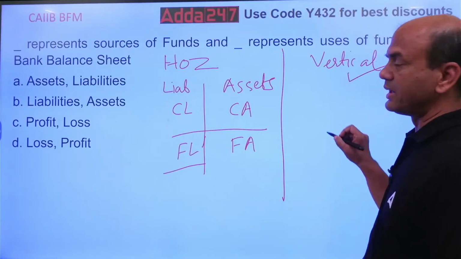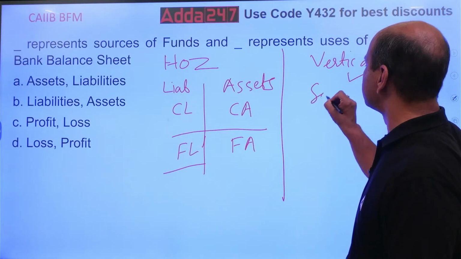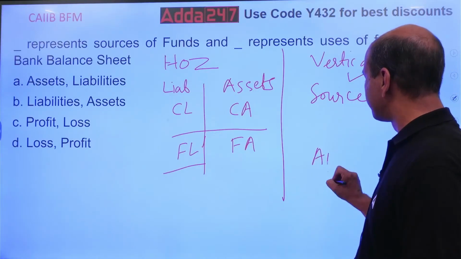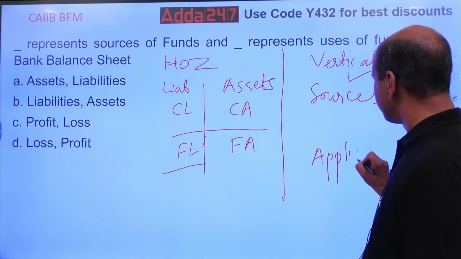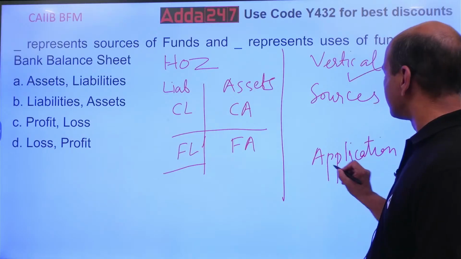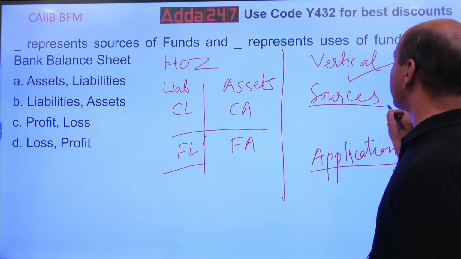In the vertical form of balance sheet, we have two parts. One is sources of funds and second is application of funds. Now see this. One thing I'll make clear. Sources of funds means from where I get the funds.